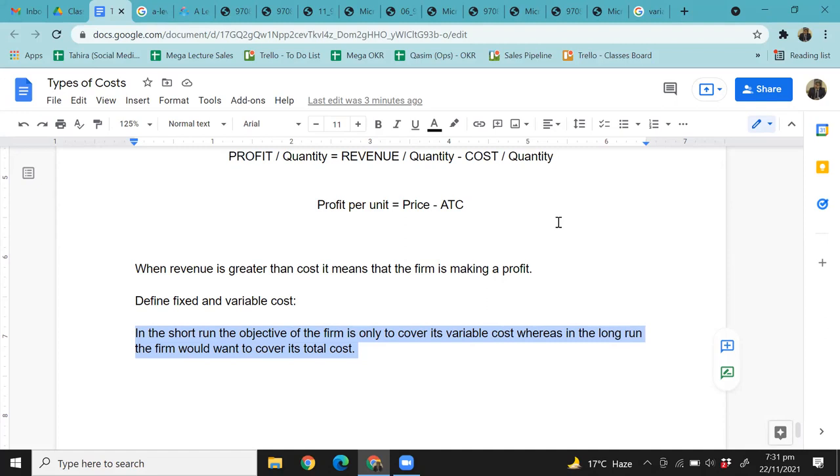Since there is so much competition in perfect competition, in the short run, the firm is only looking to cover its variable cost. Therefore, have a look at this.